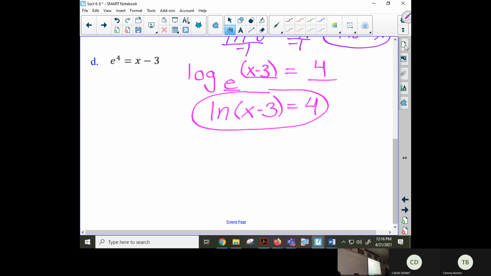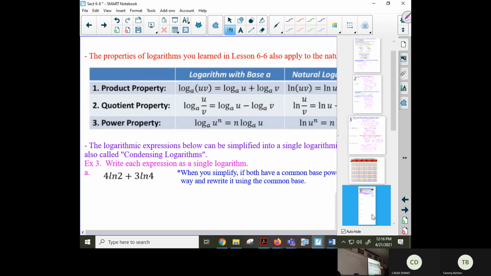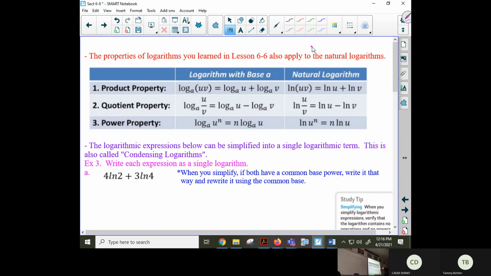Now I put this power table here because we're going to be using that somewhat today. Now the product property, the quotient property and the power property that we learned with logarithms also work with natural logarithms.